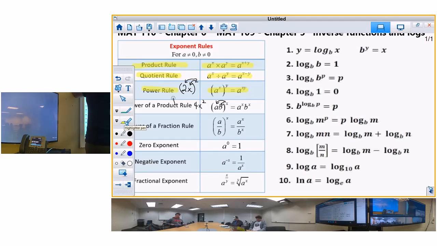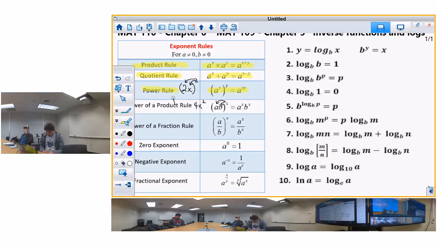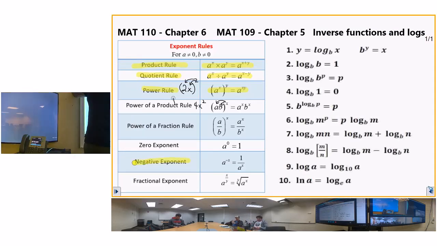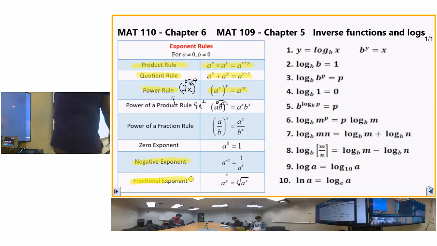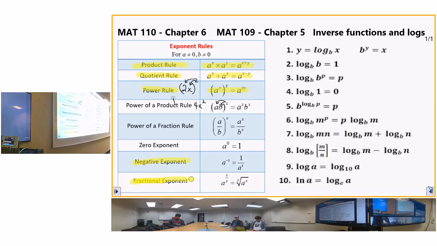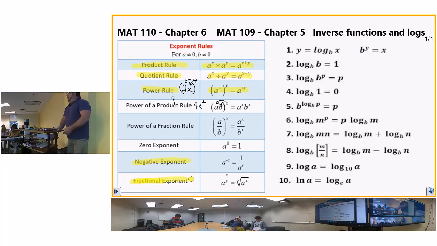This one, you can distribute, is the same thing as this one. These two are the same. Negative exponent, that's another one, and this one right here. So you've got several that you should know pretty well. Now mark those down, because those are the ones that you need to know right off the top of your head.